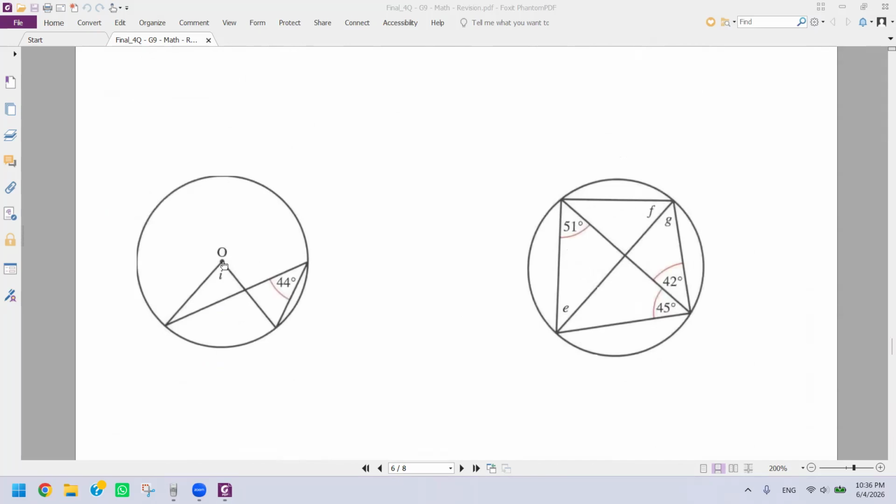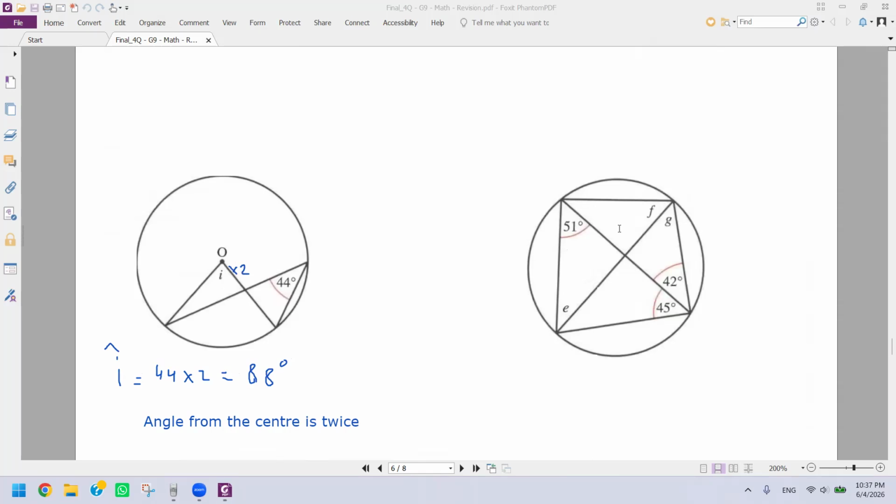This is drawn from the center, this is from the circumference. So it has to be twice that angle. So I write I equals 44 times 2 equals 88 degrees. What's the reasoning? What do I write? Angle from the center is twice. So 44 times 2 is 88.